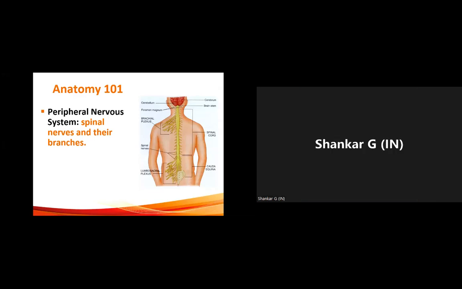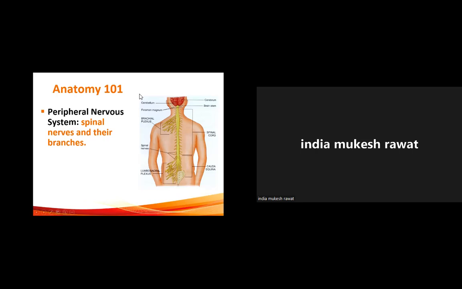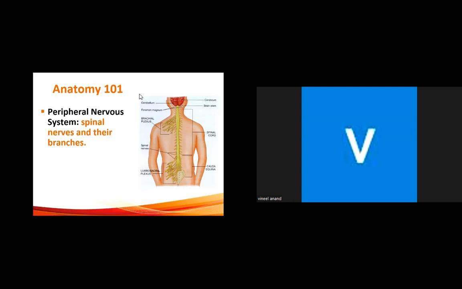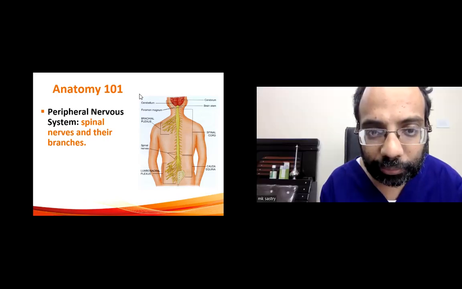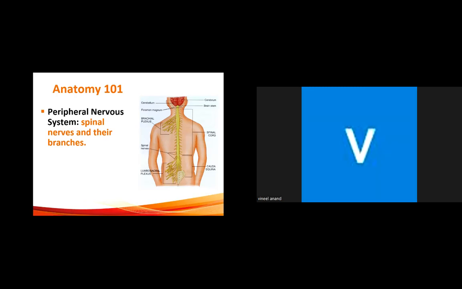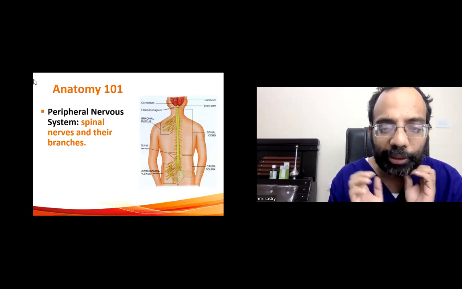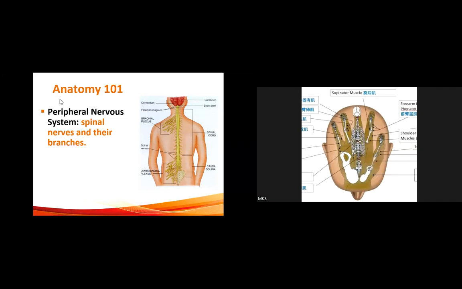Sir, there is an option for laser pointing in that presentation, maybe if you use that, it will be better. Sastry ji, your cursor will only come if you are the one sharing the presentation. You can see my cursor now. Yes.